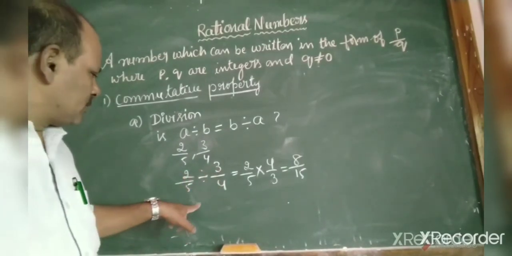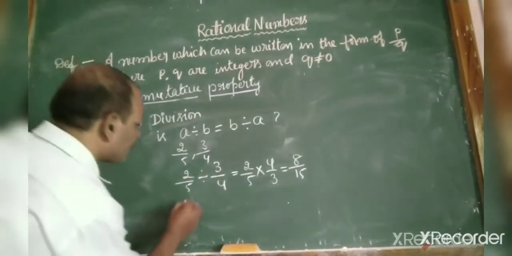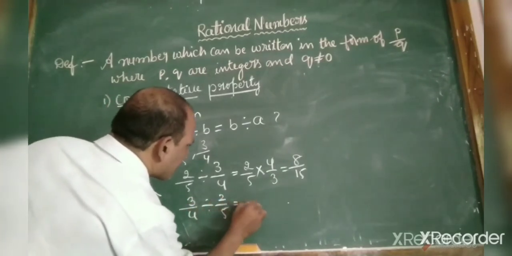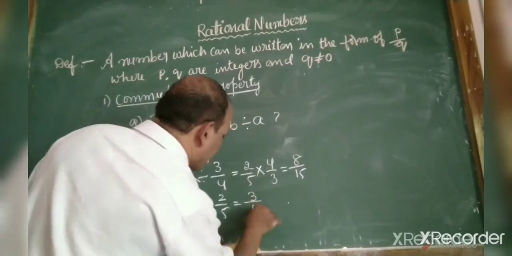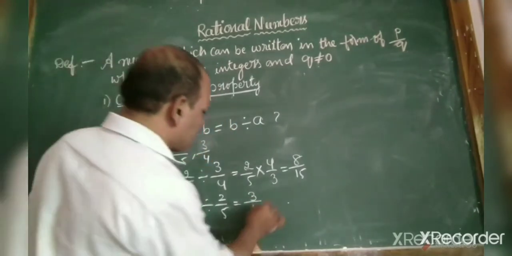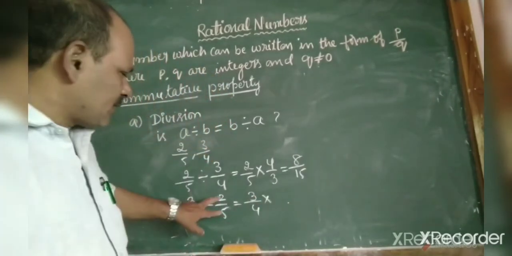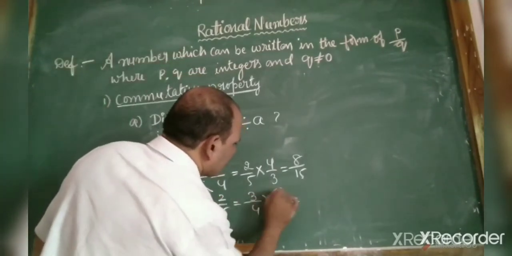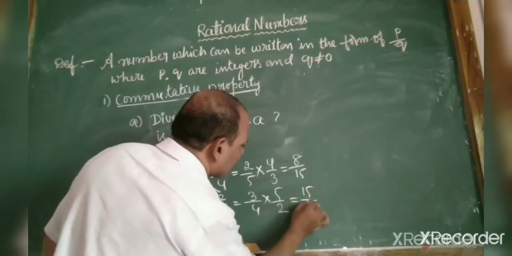Now I am checking B divided by A. 3 by 4, this division symbol changes into the multiply symbol. Next, the reciprocal of the next number, that is 5 by 2. 3 5s are 15, 4 2s are 8.